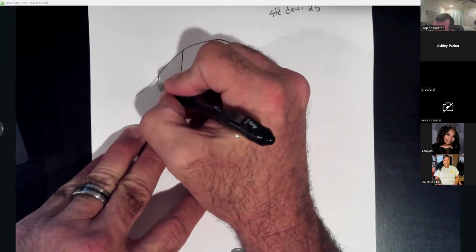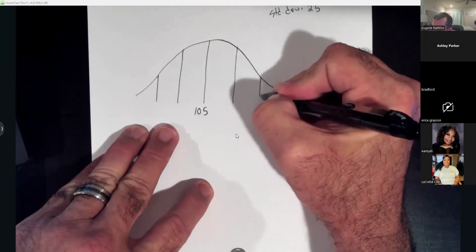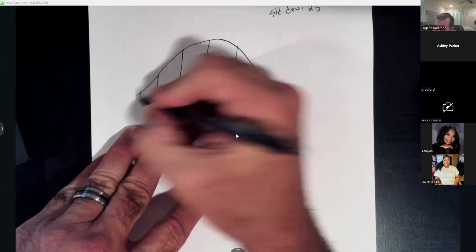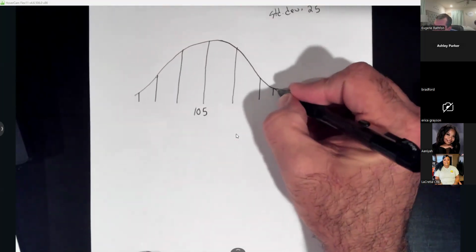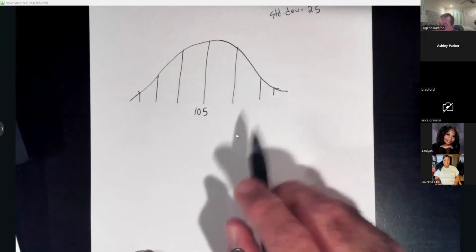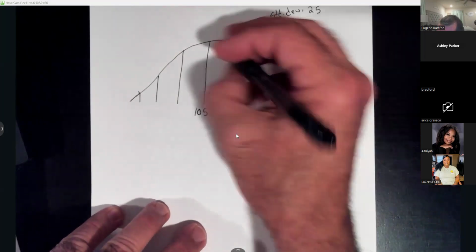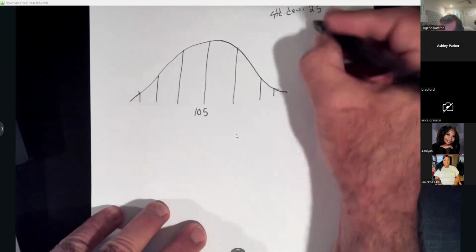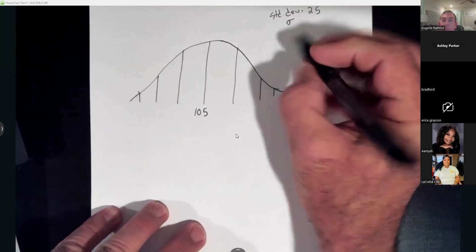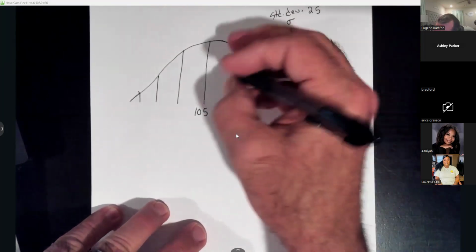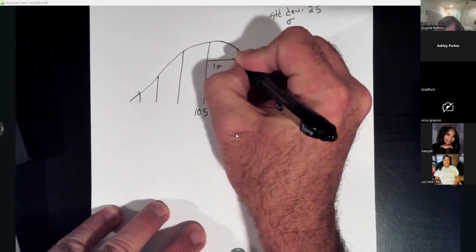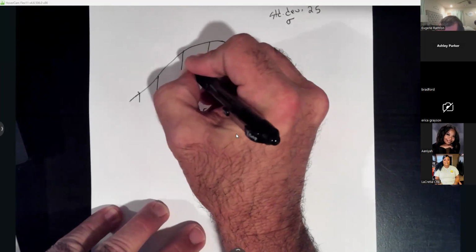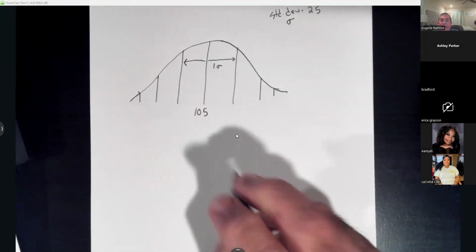We'll go out two standard deviations each side. And then our third standard deviation. So they use this symbol to represent standard deviation. So one standard deviation will be going one each side.